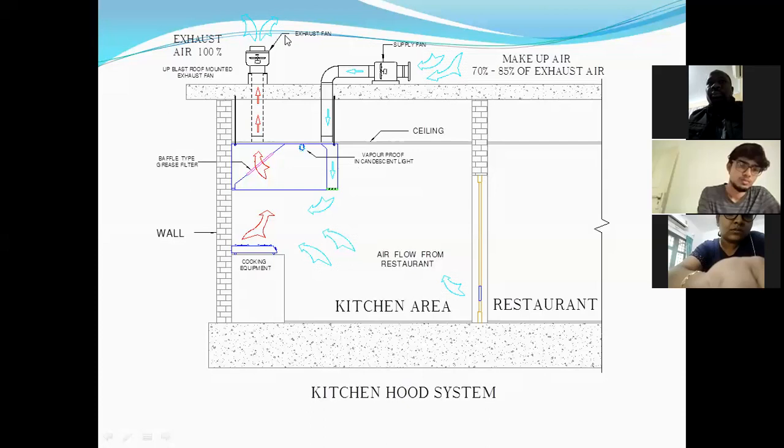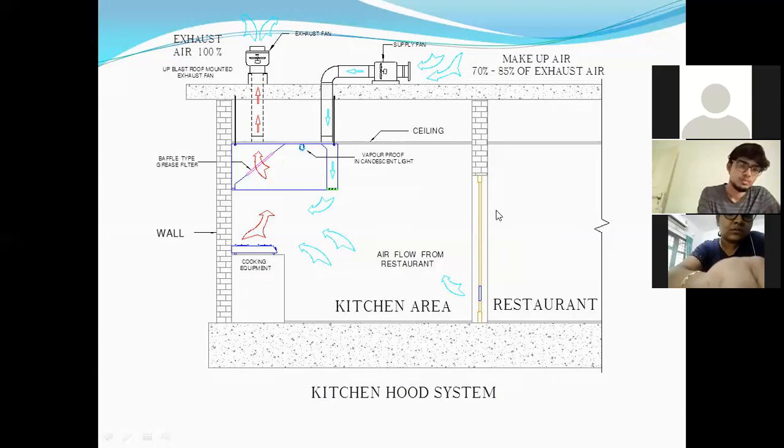Because when we are exhausting through the exhaust fan, automatically a negative pressure is created inside, right? Because the air has been sucked. So here it will be negative, and outside it is positive. So the air is automatically sucked in by the negative pressure created inside.